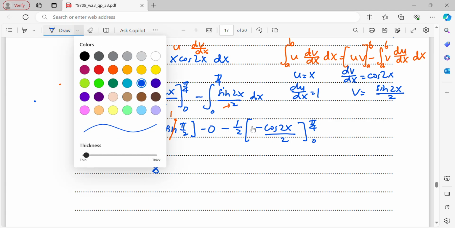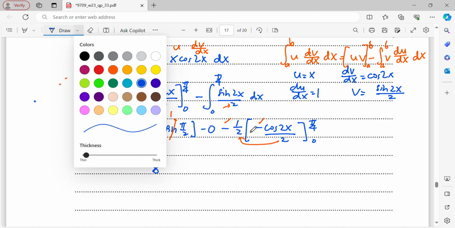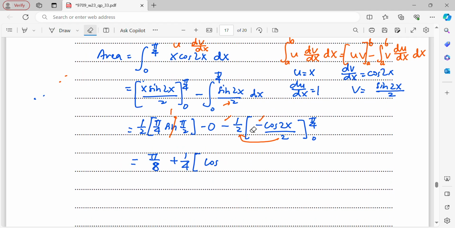Now this negative and negative is a plus. This over 2 combined with the half becomes 1 over 4. So I will just write plus 1 over 4. Then cos 2x, so it will be 2 pi over 4, which is basically pi over 2, so I will just write pi over 2.